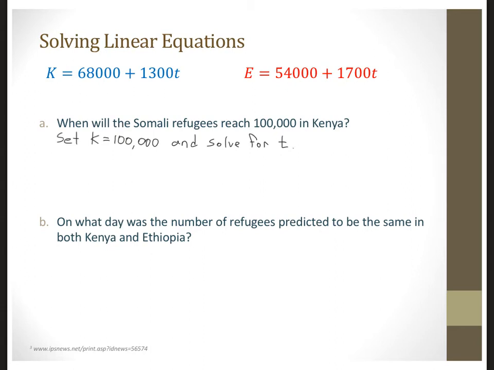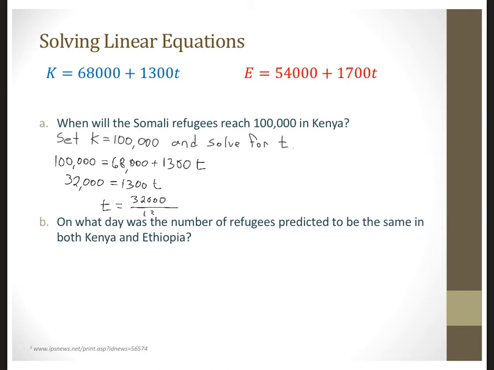So we set the left side of the equation equal to 100,000, and that's going to equal our model, which was 68,000 plus 1,300 times T. First we can subtract the 68,000 from both sides. On the left side, that would leave 32,000, and on the right side, we now have the 1,300 T. Now to solve for T, we can divide both sides by 1,300.